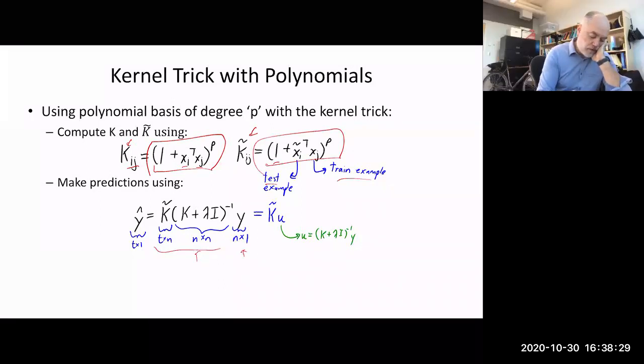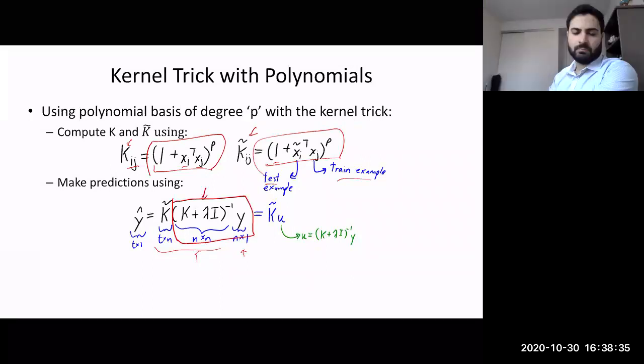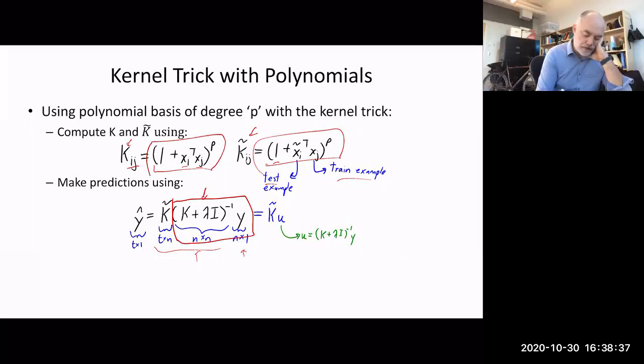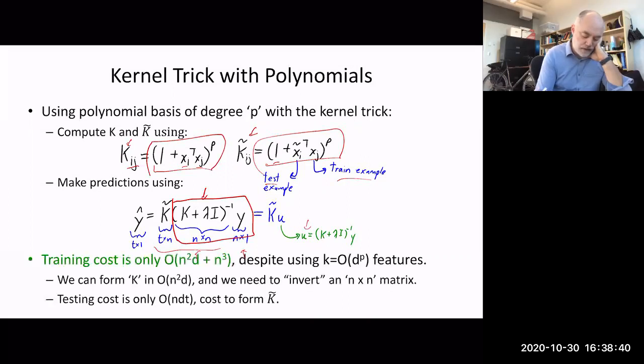Now, just to be clear, you can amortize this cost. You don't have to recompute that. You can just compute that once. So the point now is that the training cost of this is O(n d squared plus n cubed), right? Despite the fact that we're using an exponential number of features.